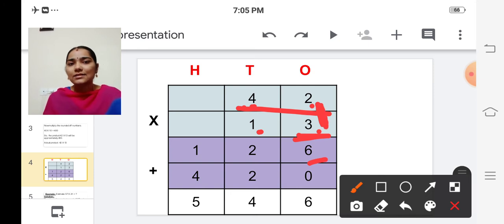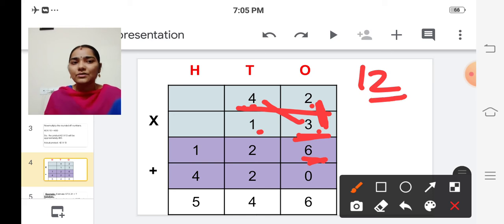Write that 6 here and then 3 4s are 12. 12 is a 2-digit number, so write the 2 here and carry over 1. There is no number to multiply, so write that 1 here.